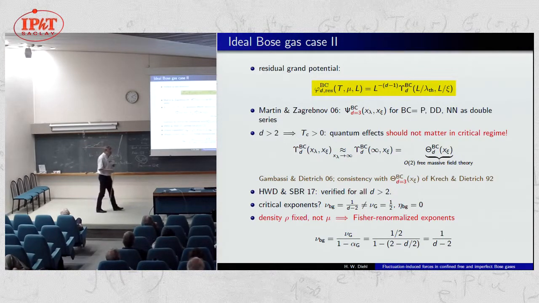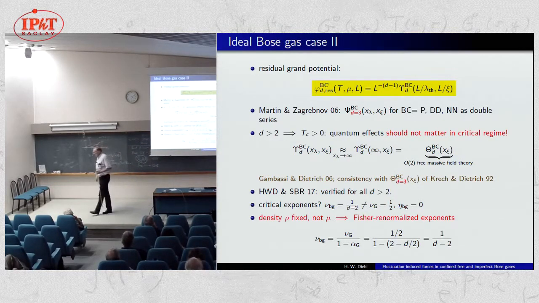Since they had the full information, they could also look at the behavior near criticality and look at the classical part. So you expect near the transition, for there's a TC larger than 0, you can take this limit and then you should get a classical scaling function.